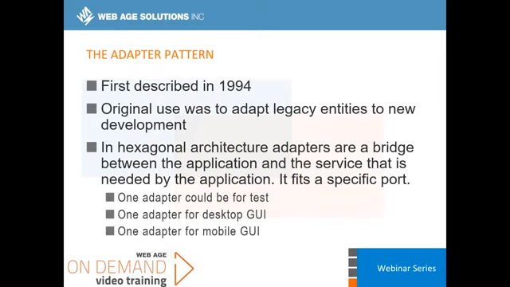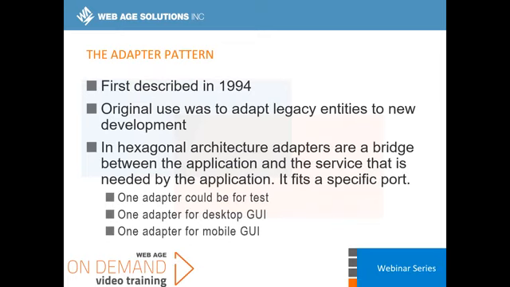When we talk about adapters, again, that's another well-used, well-understood pattern that was described originally in 1994, and was basically used to adapt legacy entities to new development.